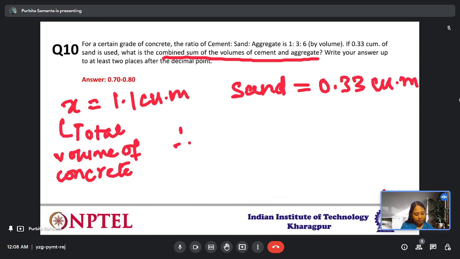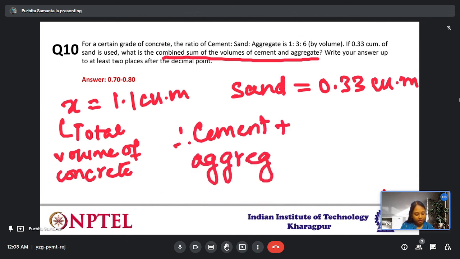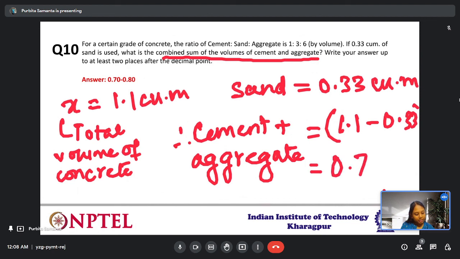Therefore, the combined sum of the volumes of cement plus aggregate is equal to 1.1 minus 0.33, and the answer will be 0.77 cubic meter. So the answer range is between 0.70 and 0.80. So this is our final answer. Okay.